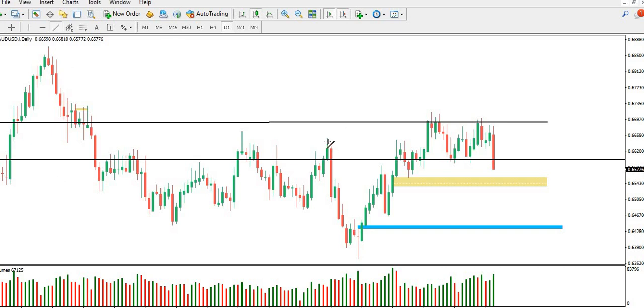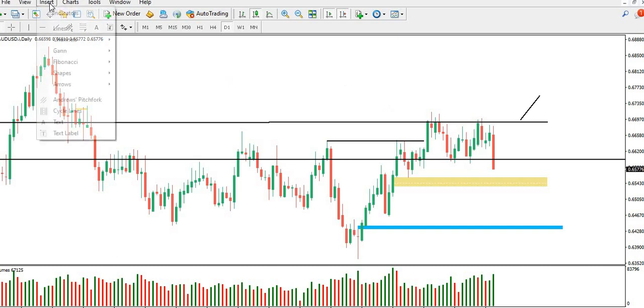Guys, at this point the market has created relative equal highs, and we saw the market went above these relative equal highs to take liquidity from the market. Not only did it go above to take liquidity, it touched the high liquidity zone, which holds the market from moving to the upside, or which works as a magnet in the market.